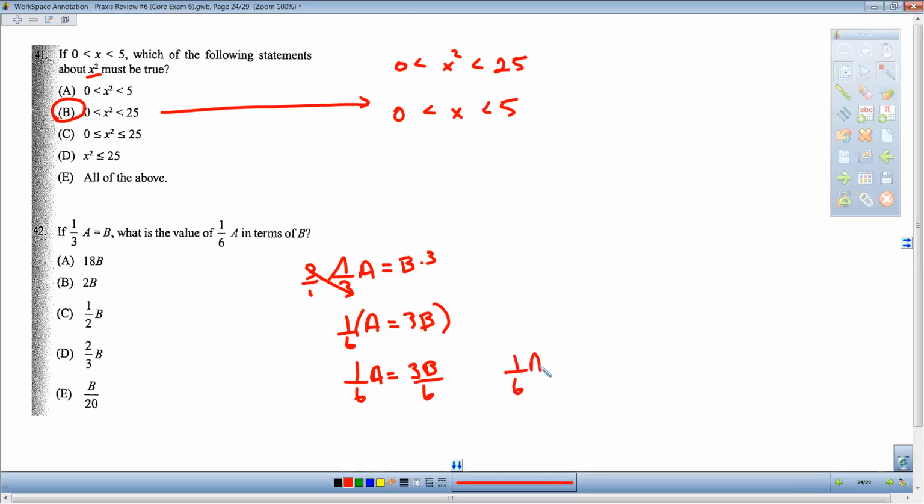So you get 1/6 A is equal to 1/2 B. So since you've taken 1/6 of A, you're looking at what it is in terms of B. It would be 1/2 B.